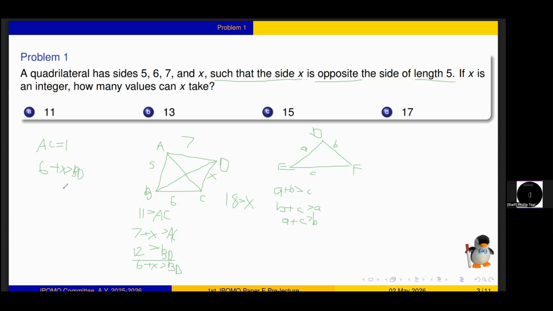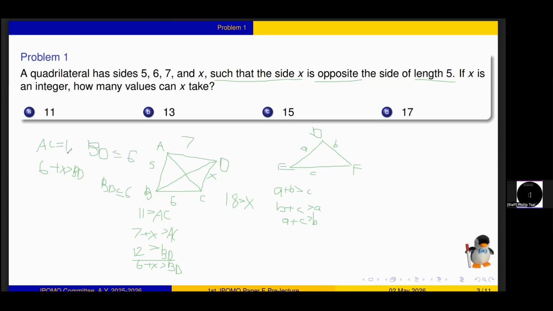But this also means that if BD is less than or equal to 6, then we again can let x equal anything. And actually, with these two conditions alone, AC is equal to 1 and BD is greater than or equal to 6.